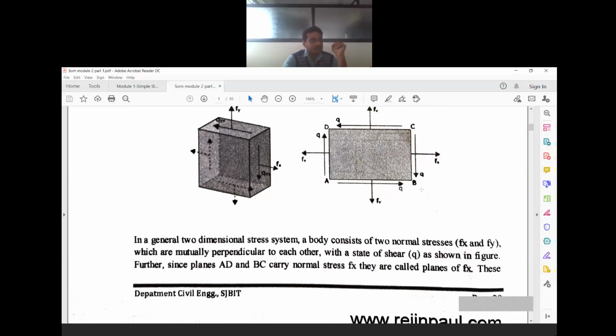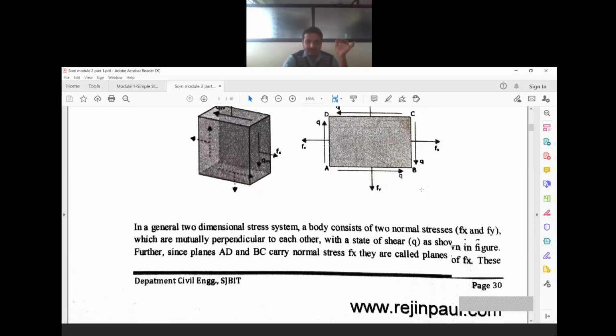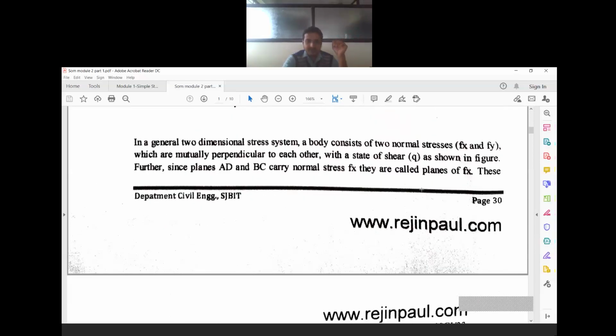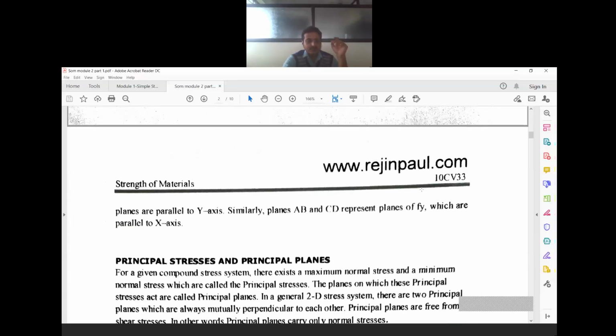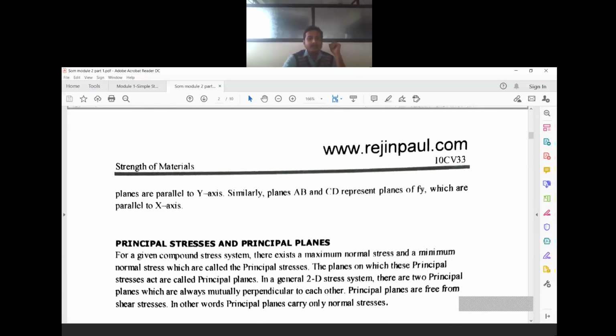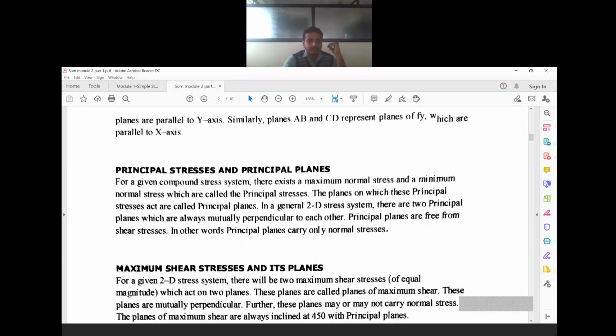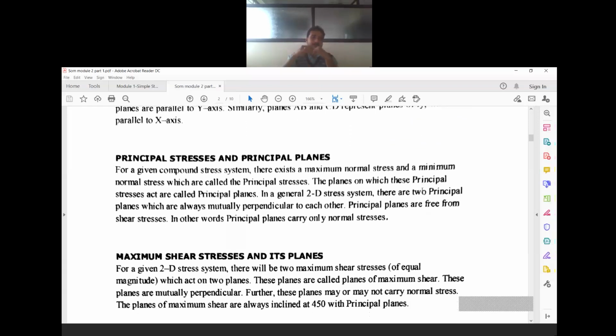Since planes AD and BC carry normal stress Fx, they are called planes of Fx. These planes are parallel to the y-axis. Similarly, planes AB and CD represent planes of Fy, which are parallel to the x-axis. So these are plane stresses.